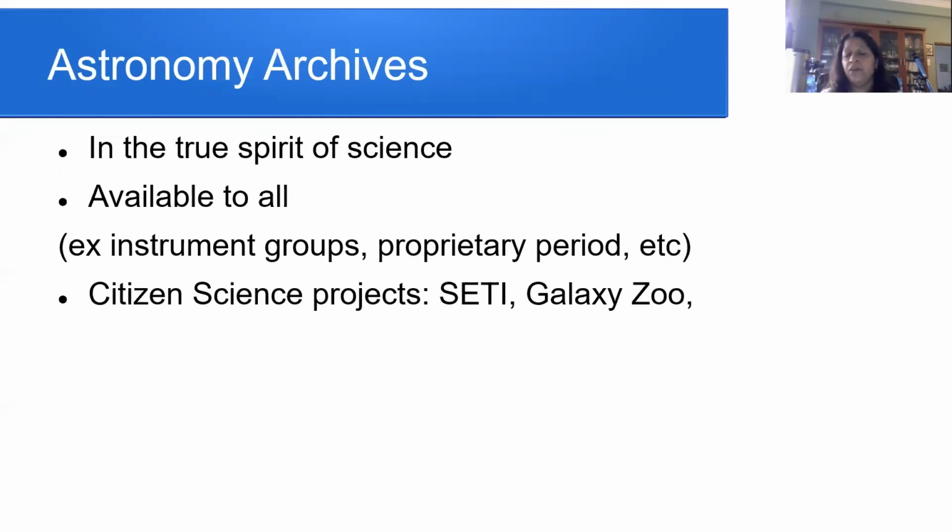And hence, because of that, we have various citizen science projects. That is, even citizens, non-scientists, can do a certain amount of scientific work. So you can even Google and look for the SETI project, which is the search for extraterrestrial life, where people can log in and offer their computing power to help analyze SETI data.